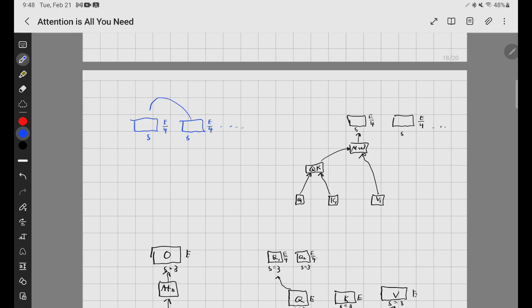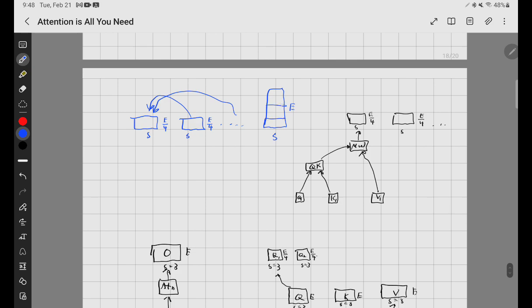You can stack this one on top, and then stack this one on top of that one. And then you have this longer matrix, which is E by S. In each of these, this was attention 1, this is attention 2, attention 3, and attention 4. So you just stack them on top of each other.